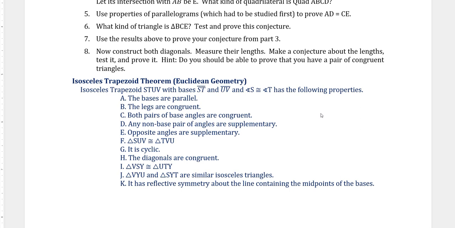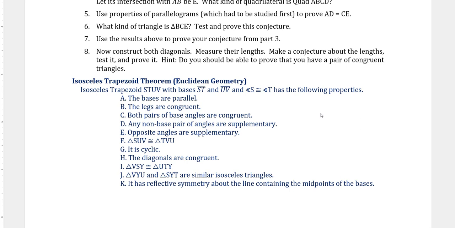The bases are parallel, that's part of the definition. The legs are congruent, we had to prove that, and we couldn't prove it directly, we had to prove some other things first. Both pairs of base angles are congruent. We proved that early on. Any non-pair of base angles are supplementary. That was one of the first things we did. Opposite angles are supplementary. We did those things about the angles without doing any constructions.